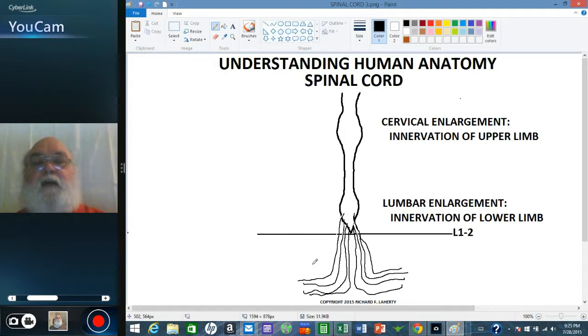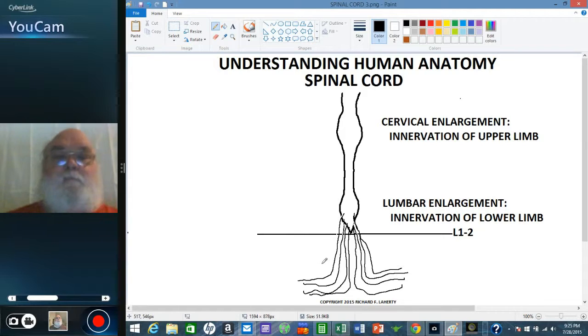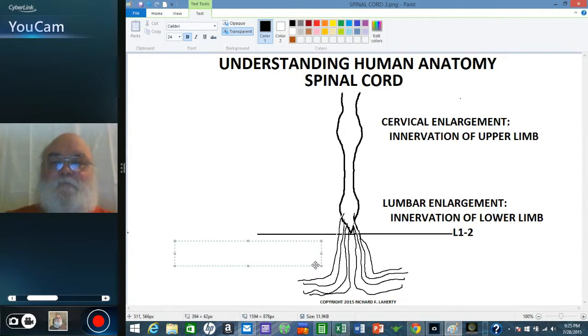So this area has been called the cauda equina, which is just Latin for horse's tail.